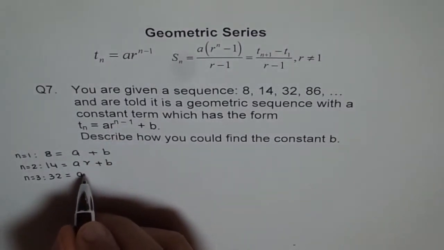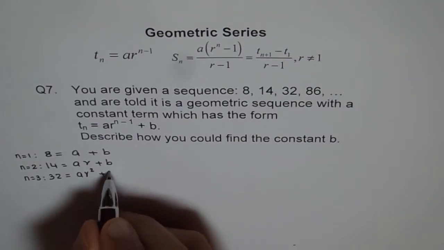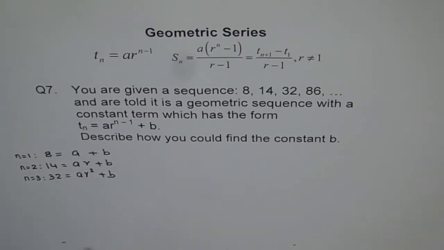So we get a r squared plus b. You see, these are your geometric series with a constant b. That's what they meant. Now, using these equations, we need to find a, r and b, correct?